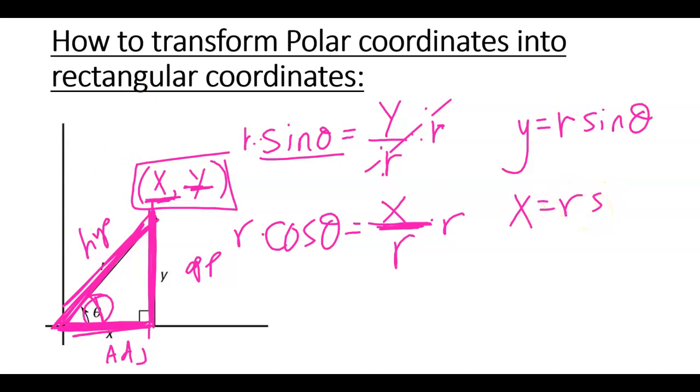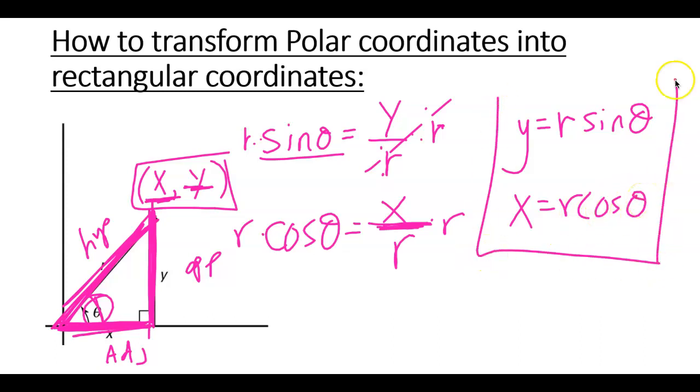Although I like showing you how I got all this, this is the important part to have for today on this particular slide. How do you transform polar coordinates into rectangular coordinates? Well, polar coordinates give you an r, a radius, and a theta.